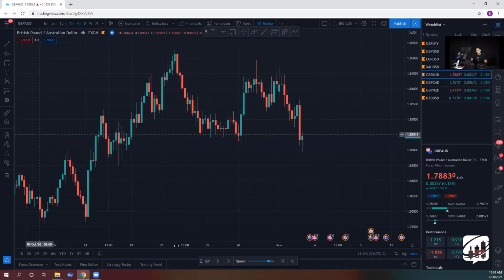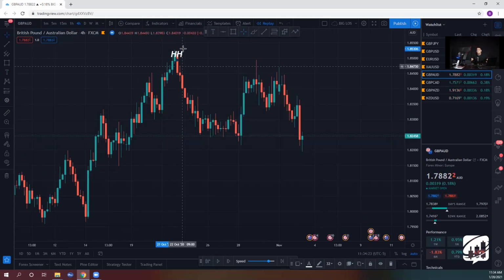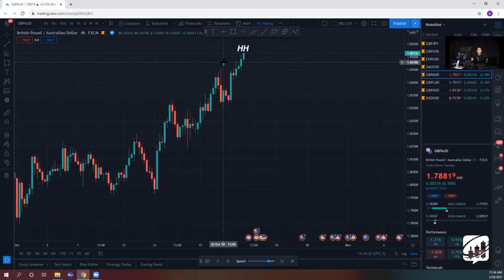We have the start of a downtrend. We have a higher high right here, and the reason this is a higher high is because before any of this was here, that's what it looked like. So it would be a higher high.